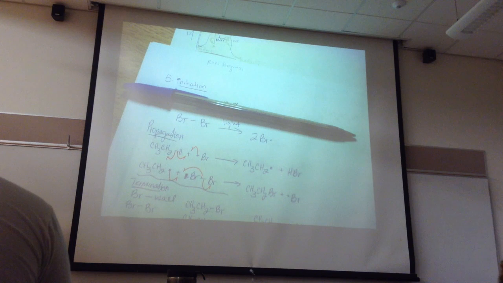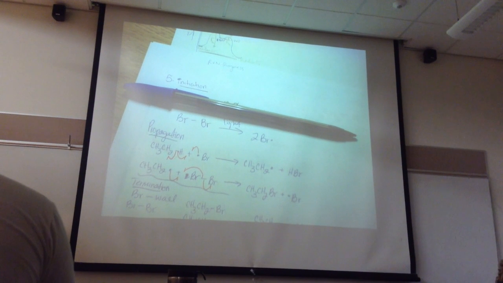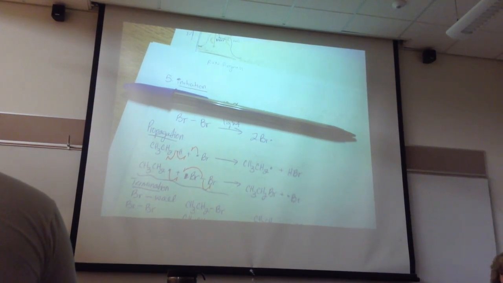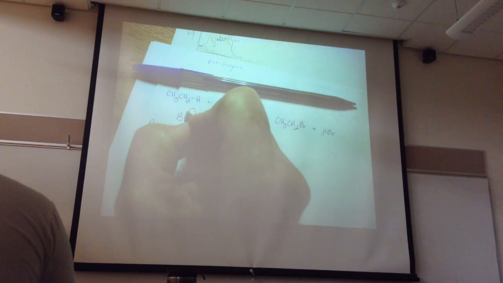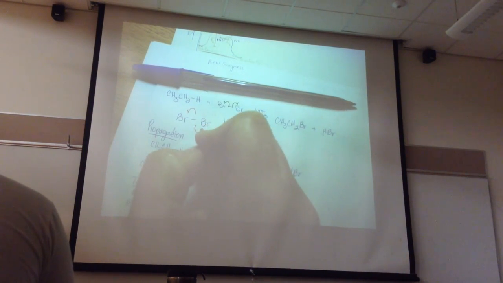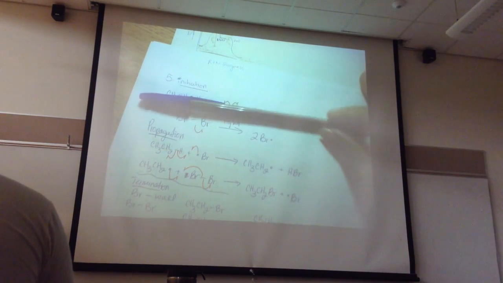In the initiation step, what you're doing is you're cleaving the halogen homolytically, okay? And you really need to show the arrows. So in doing so, this guy moves there, and then you end up with your two Brs.